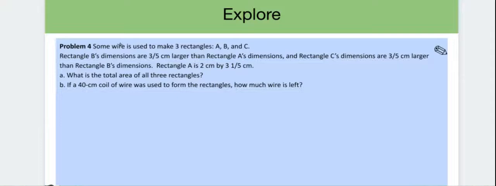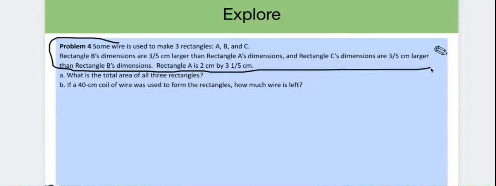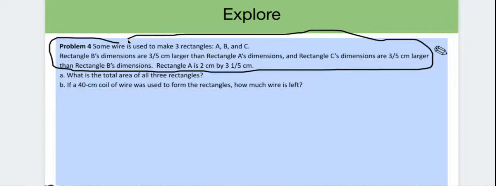So what we are focusing on is just this component for this video, because just finding the dimensions of these various rectangles might be a little daunting because there is a lot of information involved in order for us to even figure out what these dimensions are. So we are going to focus on this.